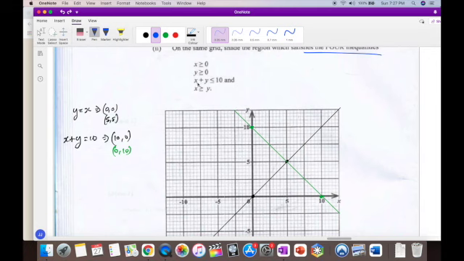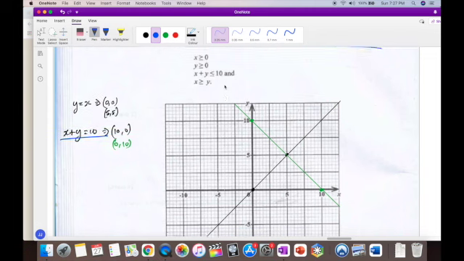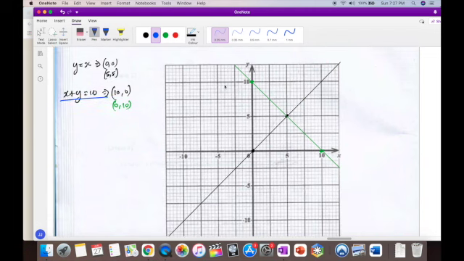X plus y, which is this equation here, but I only want when that equation itself is less than 10. So I have this green line here, and it has 2 sides.